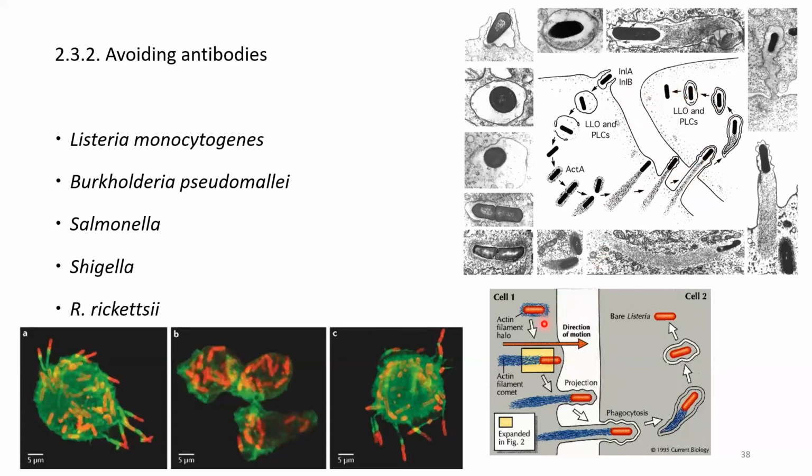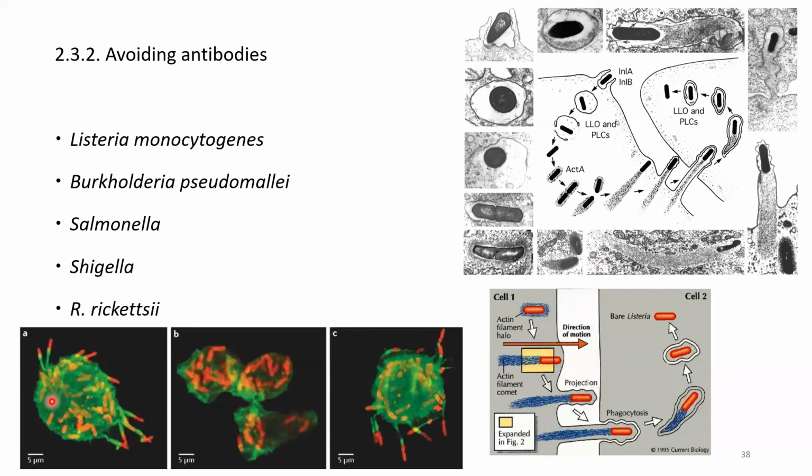So this is the same explanation. They have actin filament rearrangement and direct it to project into the next cell and stay in the cytoplasm of the next cell. And this is Burkholderia pseudomallei stained with red here.